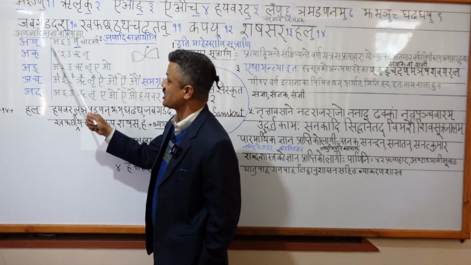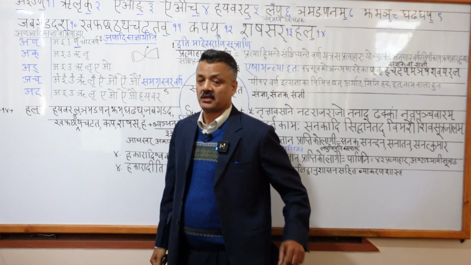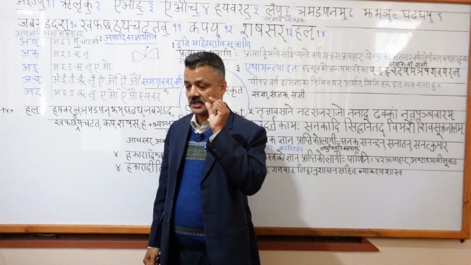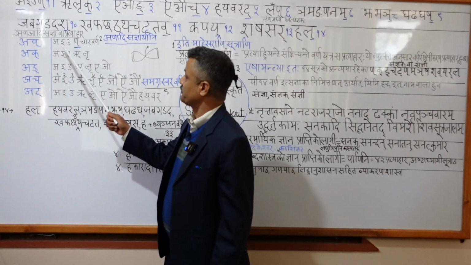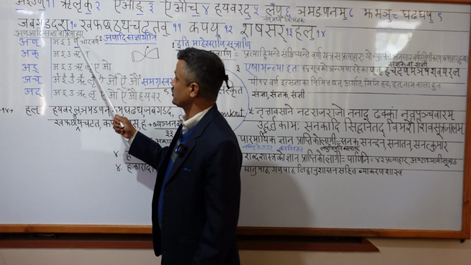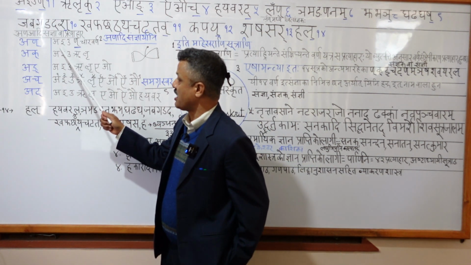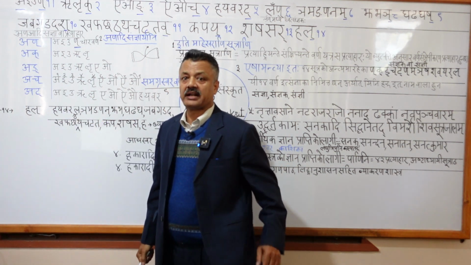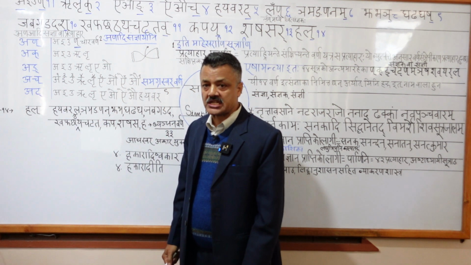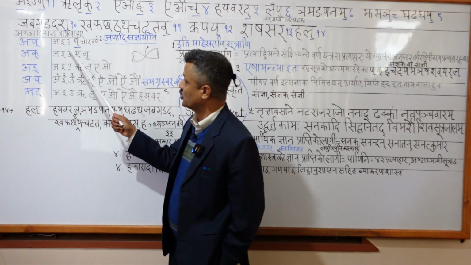You can just do away with the 2 sounds and say An. So when you say An, this is an abbreviated form of the 4 sounds A, E, U, N. Rather than saying all 4 sounds, you can just say An, and anybody who understands Sanskrit grammar will understand that you mean A, E, U, N.